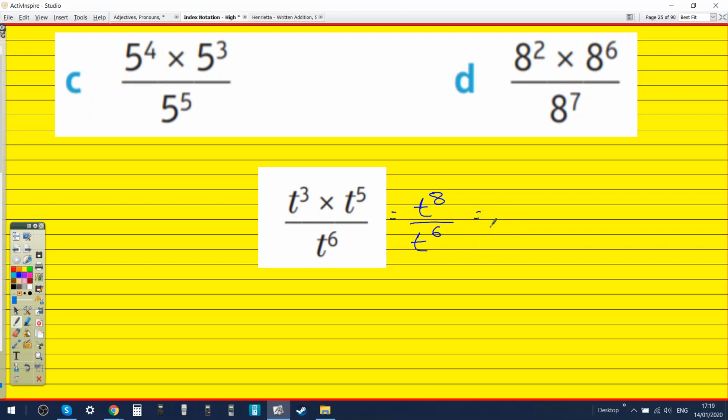And the answer is T^2. Yeah. Try this one up here. 5^7 divided by 5^5, which is 5^2. Yes. Yeah. Well done.